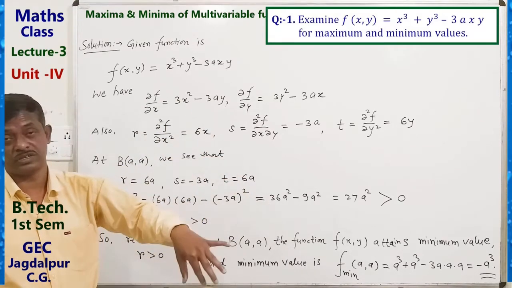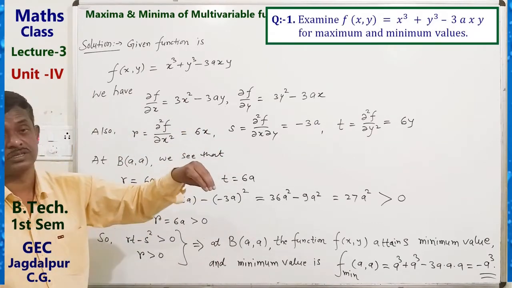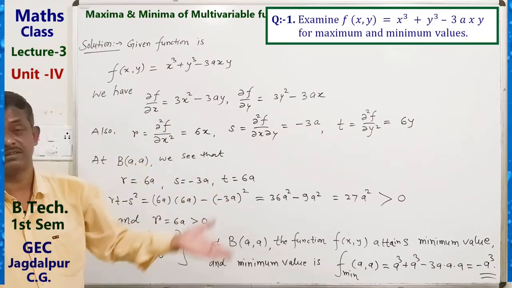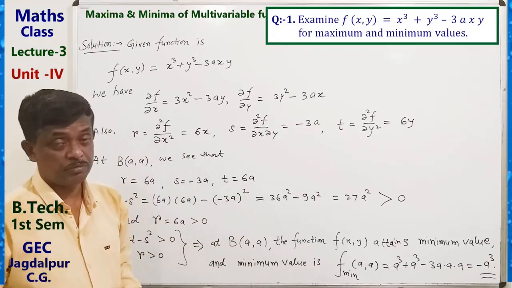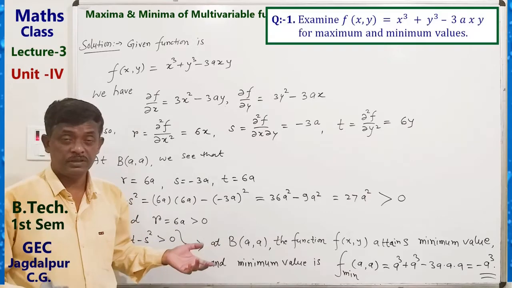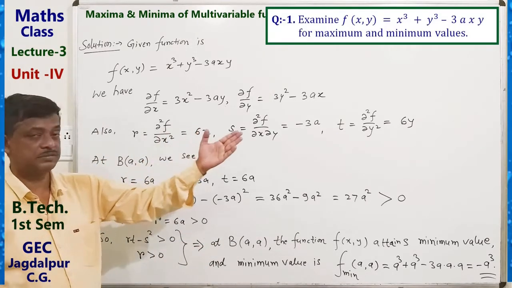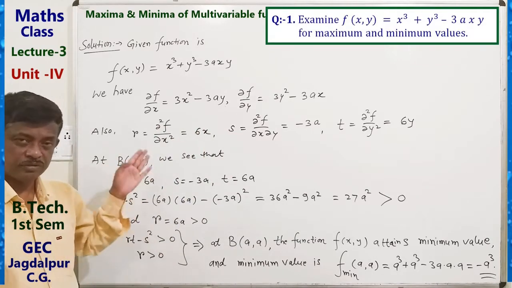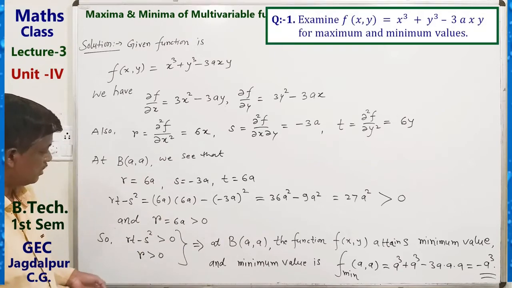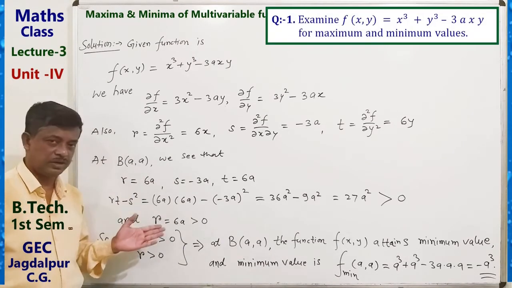Find the stationary points by solving those two equations, and for each stationary point, we test whether it is a maximum point or a minimum point. Maybe maximum, maybe minimum, may not be. So find r, s, t, the second order derivatives, and at each point identify maximum or minimum by finding r, s, t at that point.